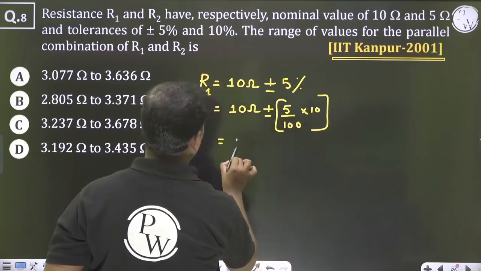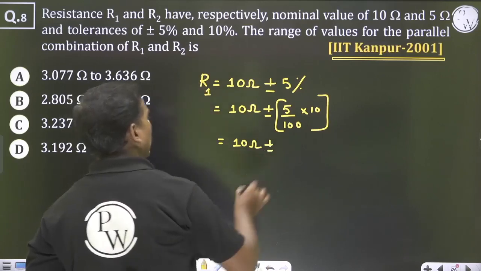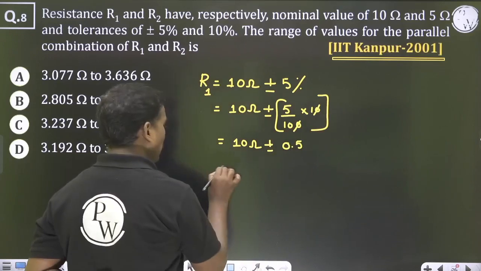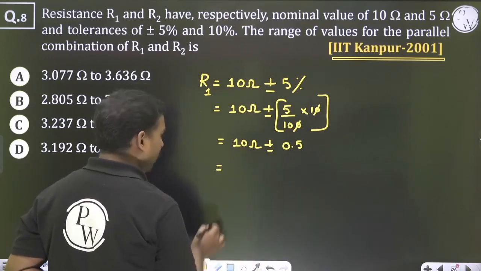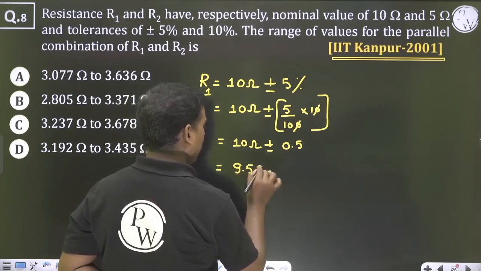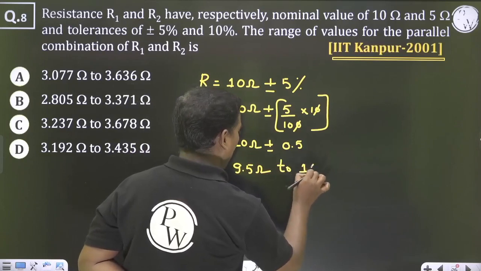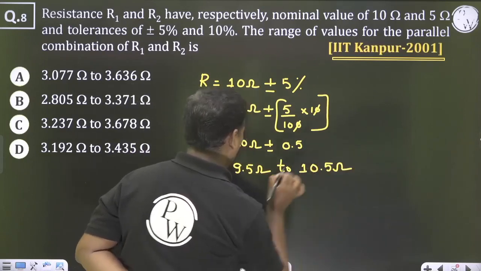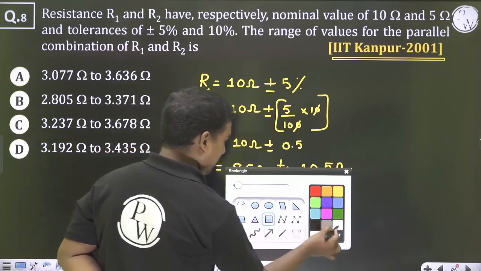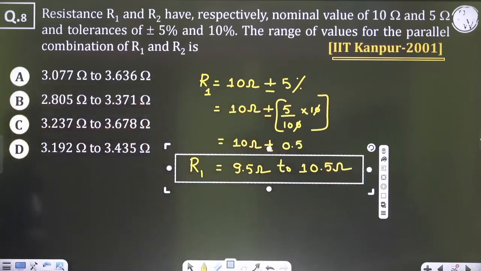So that is coming out as 10 ohms plus or minus 0.5. That means the minimum is 9.5 ohms and the maximum is 10.5 ohms. So this is the R1 range. Got it? This is R1.